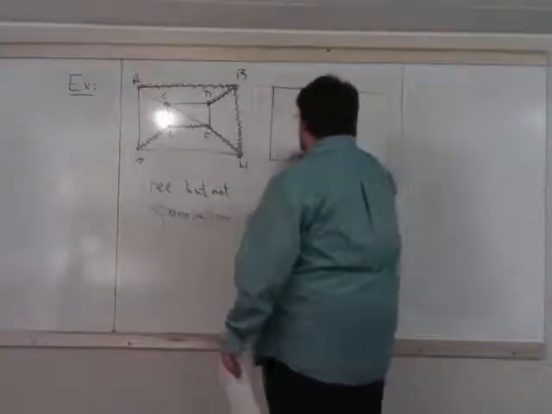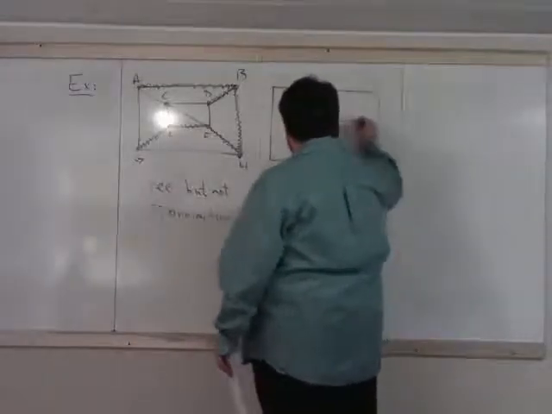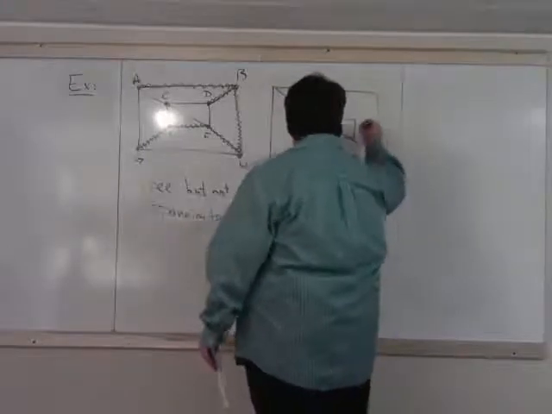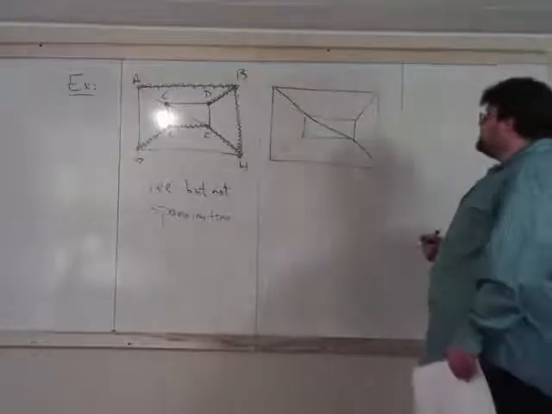Now, in these other drawings, I'm not going to label them as carefully as the first one. I'm just going to draw the lines like this. So here, same thing, same vertices.